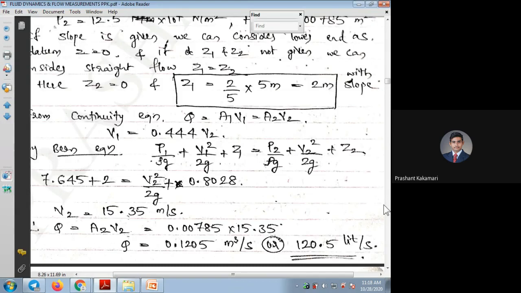Did all of you understand this finding of velocity and discharge? Just to find the velocity, they went for the Bernoulli equation. Then once the velocity at entry or outlet is known, the discharge can be found, because all the rest of the values are given in the problem itself. So by V2, or even by A1 V1, you can find the discharge: 0.1205 meter cube per second.